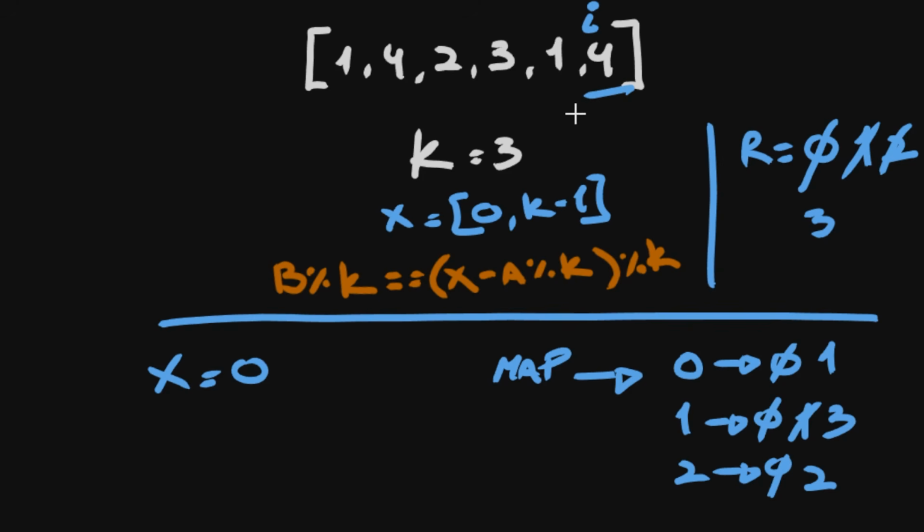Now we are here and we do 4 modulo 3, and this is 1. And 0 minus 1 modulo 3, this is 2. So we take 2 plus 1 and we put that in map at 1. This is already a 3.